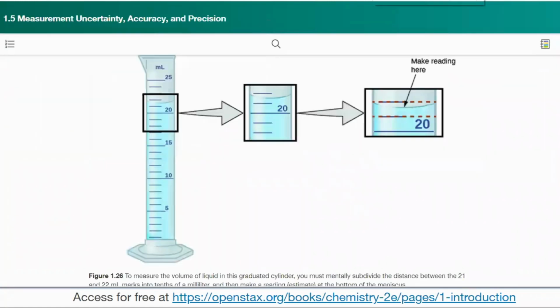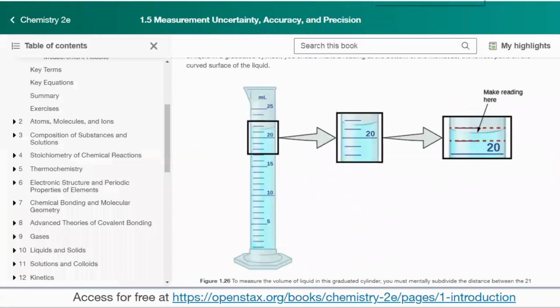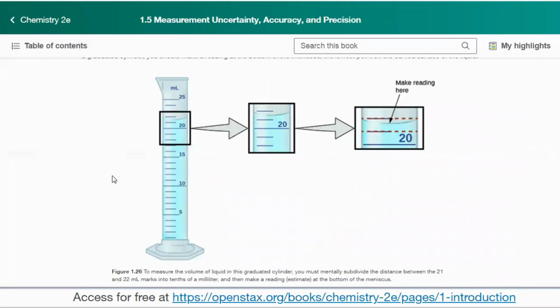Well, let's look at Figure 1.26. To measure the volume of liquid in this graduated cylinder, you must mentally subdivide the distance between the 21 and 22 milliliter marks into tenths of a milliliter, and then make a reading estimate at the bottom of the meniscus.